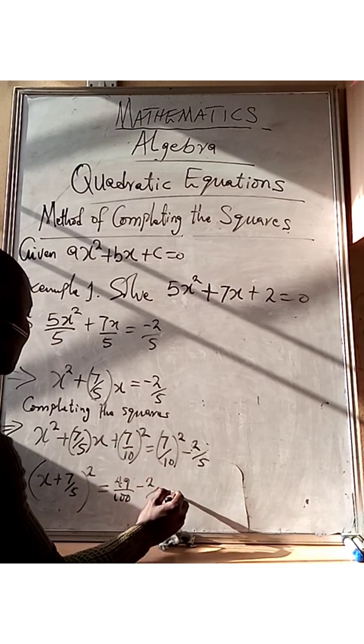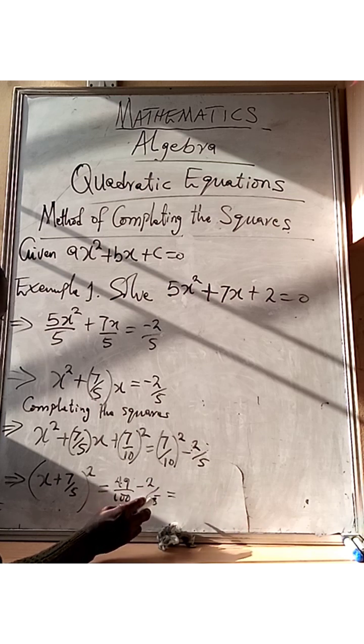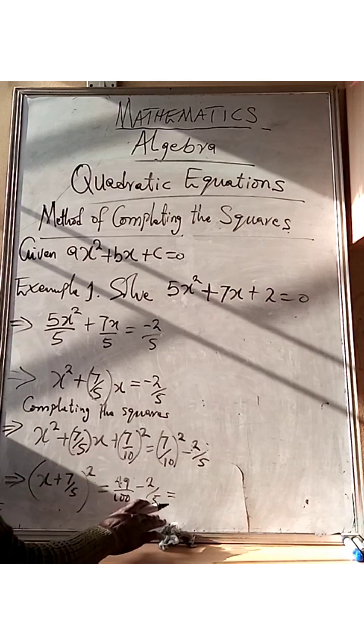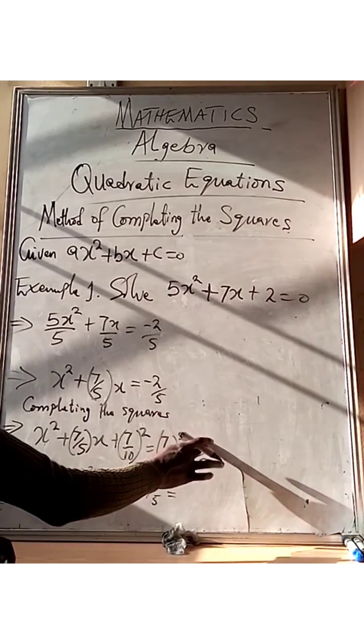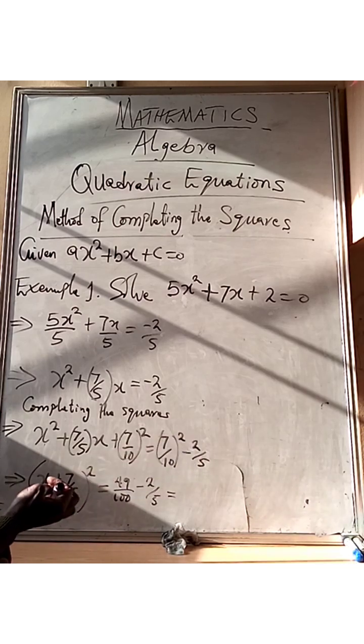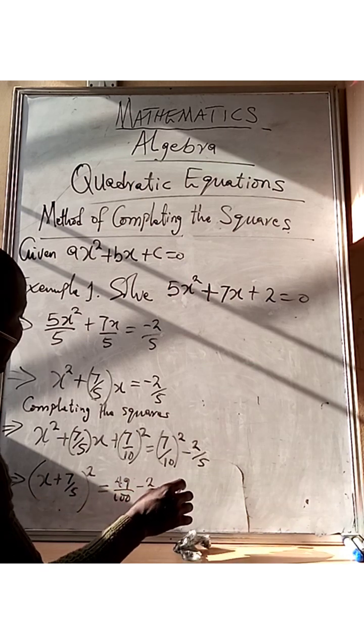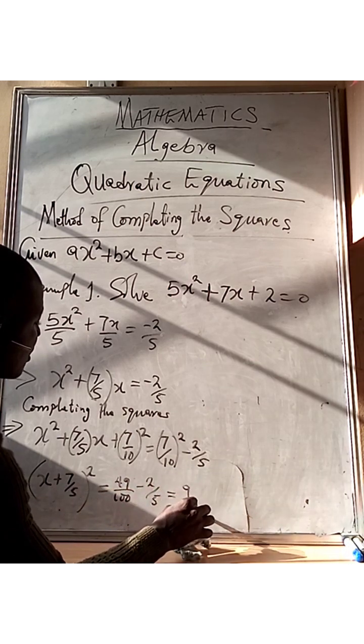If I simplify, this is as good as 40 over 100. If I multiply this by 20 and multiply this by 20, it gives me 40 over 100. So that when I subtract this, I'm just trying to manage space by reason of my knowledge of fractions. So this is going to give me 9 over 100.